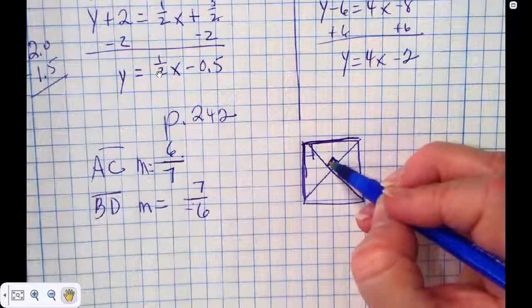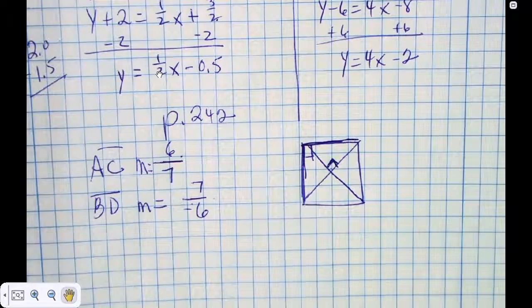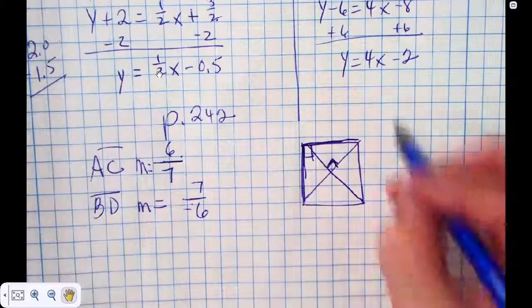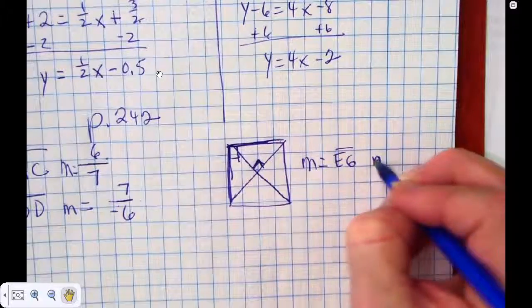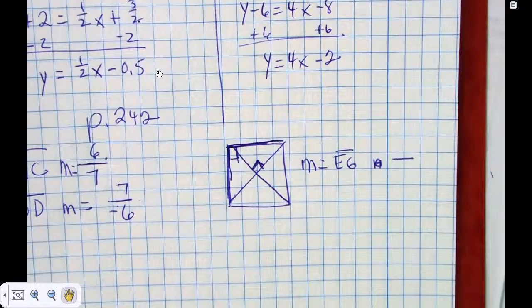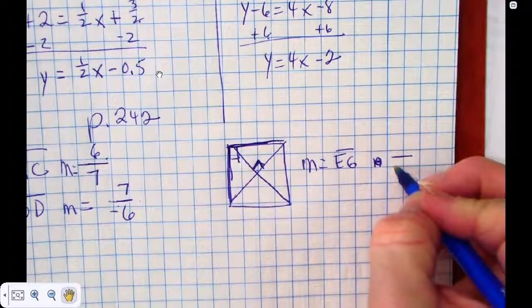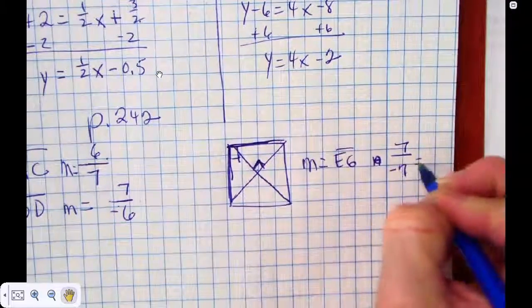True? Okay, it says determine whether this quadrilateral is a square. So, what could we do? Go to EG. Let's do the slope of EG. So, EG is 7 over -7, which is -1.